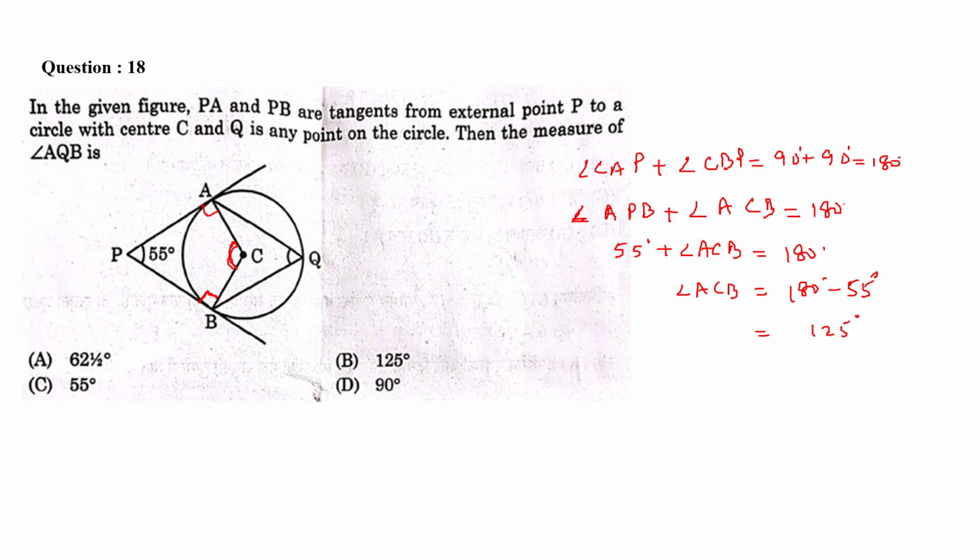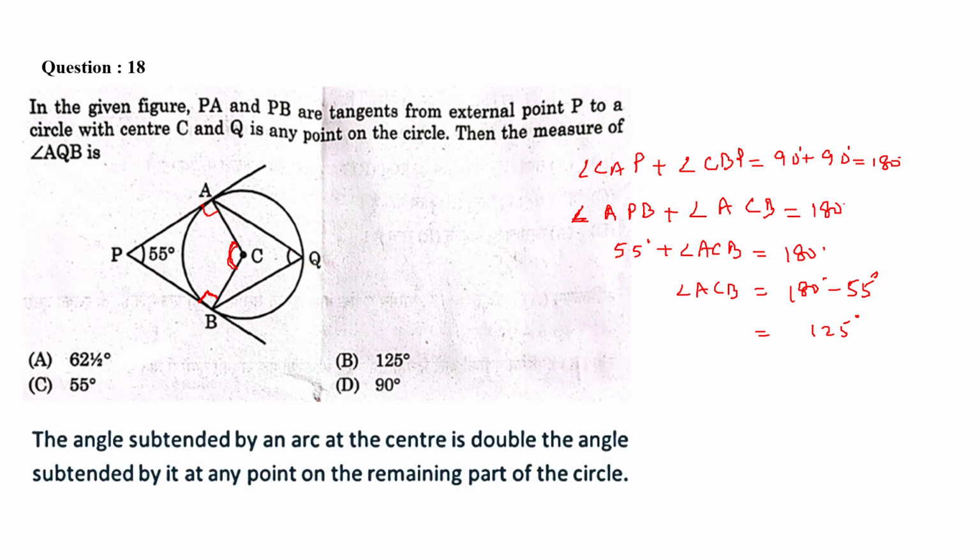That is angle ACB. But what I have to find? Angle AQB. Now we have studied one theorem also, right? The angle subtended by an arc at the center is twice the angle subtended at the remaining part of the circle. So the angle subtended by arc AB at the center is ACB, and in the remaining part of the circle, the same arc AB subtends angle AQB. This is the theorem.